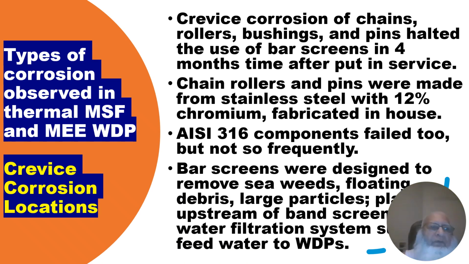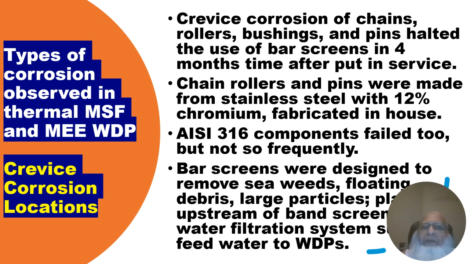This slide shows the crevice corrosion locations in thermal MSF and MEE water desalination plants. The crevice corrosion of chains, rollers, bushings, and pins halted the use of bar screens in 4 months' time after being put in service.